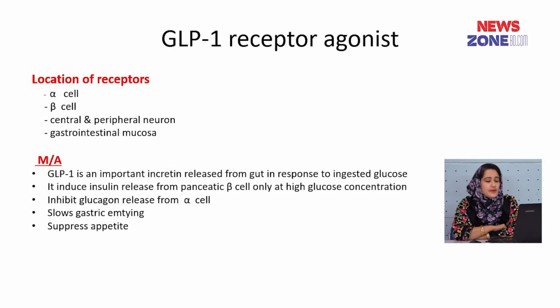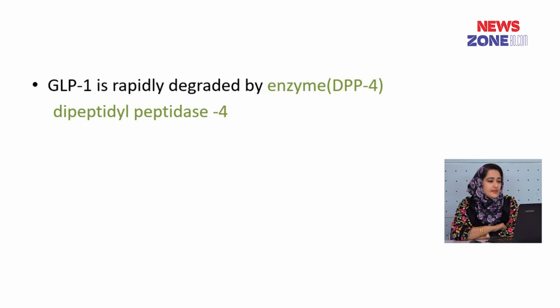GLP-1 is an important incretin released from the gut in response to ingested glucose, and it induces insulin release from the pancreatic beta cell only at high oral glucose concentration, inhibits the glucagon level from the alpha cell, slows gastric emptying and suppresses appetite. GLP-1 is rapidly degraded by the enzyme DPP-4, that is dipeptidyl peptidase 4.